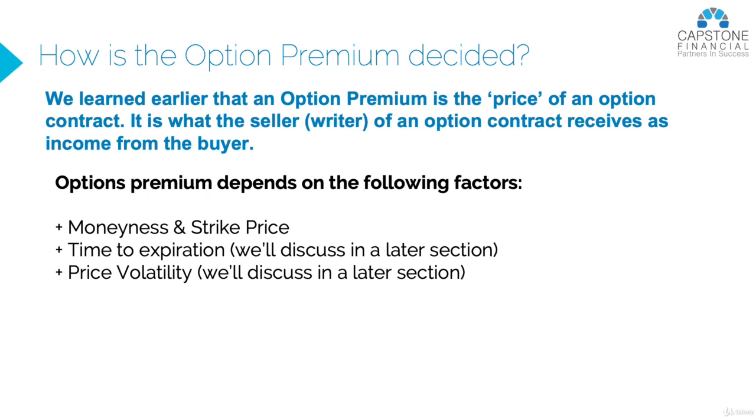Price volatility itself is simply the amount of daily, weekly, monthly, yearly movement that the stock makes. The more movement the underlying stock has, the more expensive the premium and the more expensive the option is going to be.